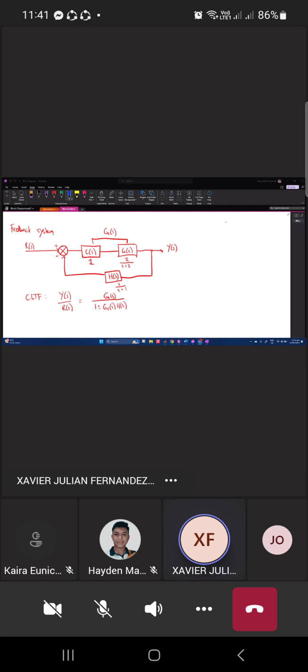First we get the equivalent plant and controller transfer function, which is simply 2 over s plus 2, right? That's just 1 times 2 over s plus 2.